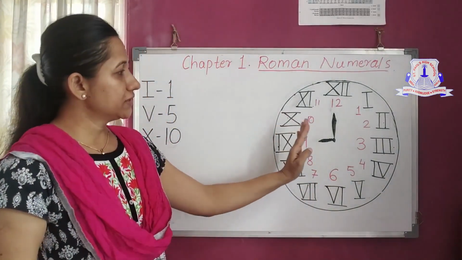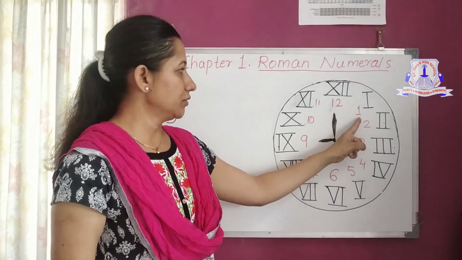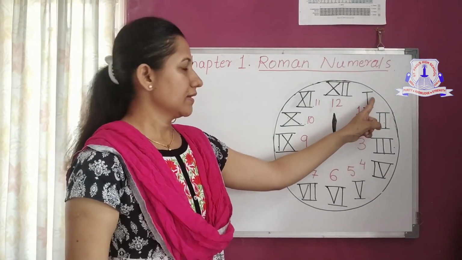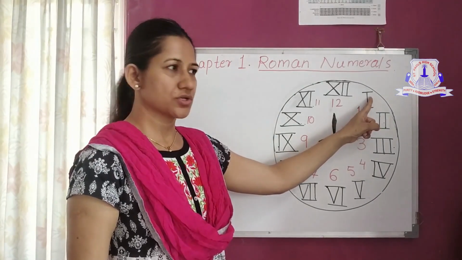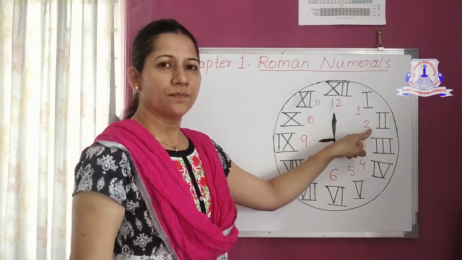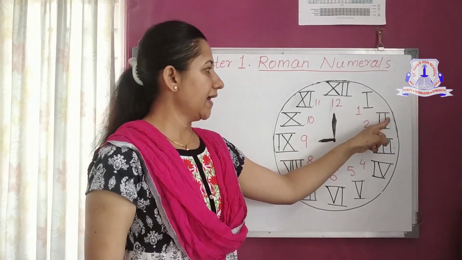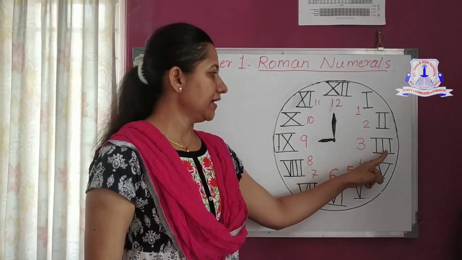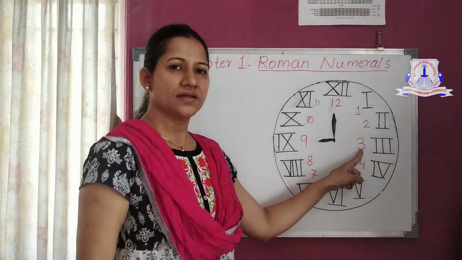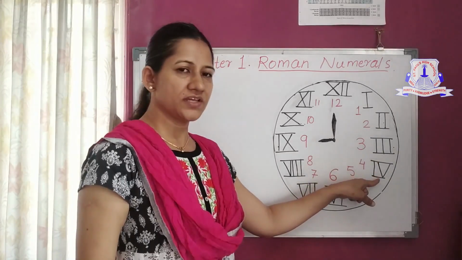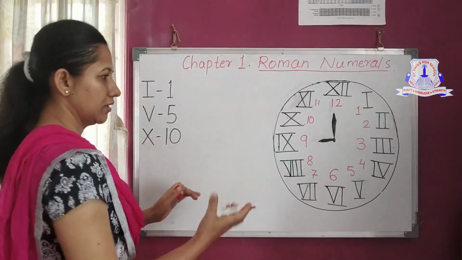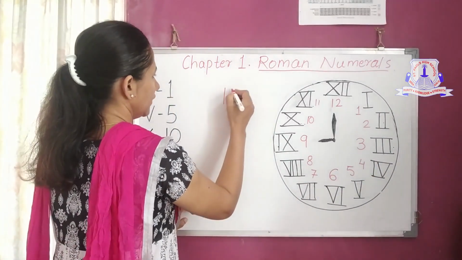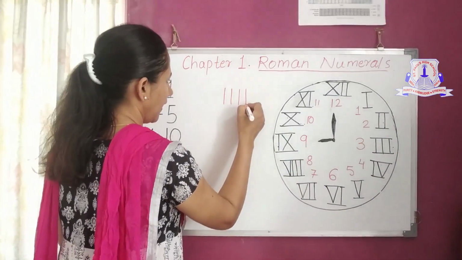As I told you, to represent 1, letter I is used. Next is number 2. Two I's will represent number 2. Then three I's will represent number 3. But to represent number 4, we don't write four I's.